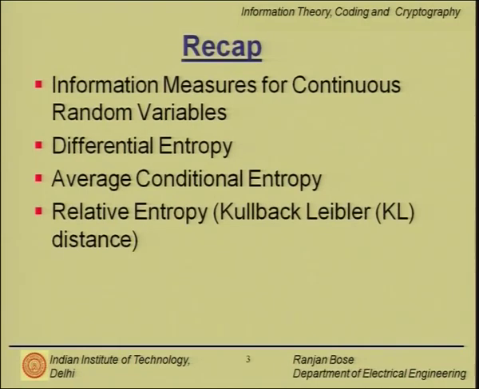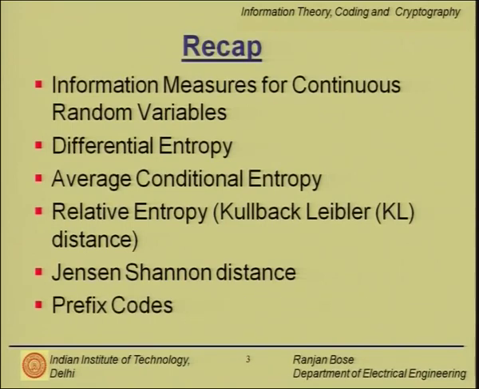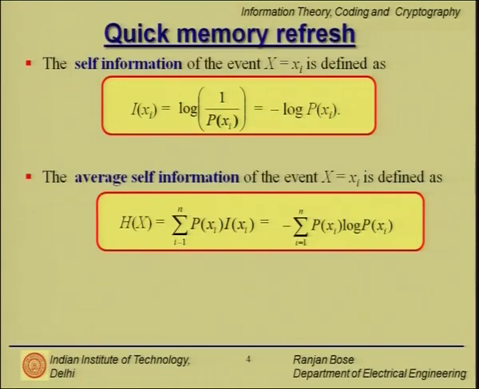Then we measured the similarity between two distributions in terms of relative entropy, which is also called the Kullback-Leibler distance. We looked at the asymmetry of that and then looked at Jensen-Shannon distance, and finally we introduced the notion of prefix codes.